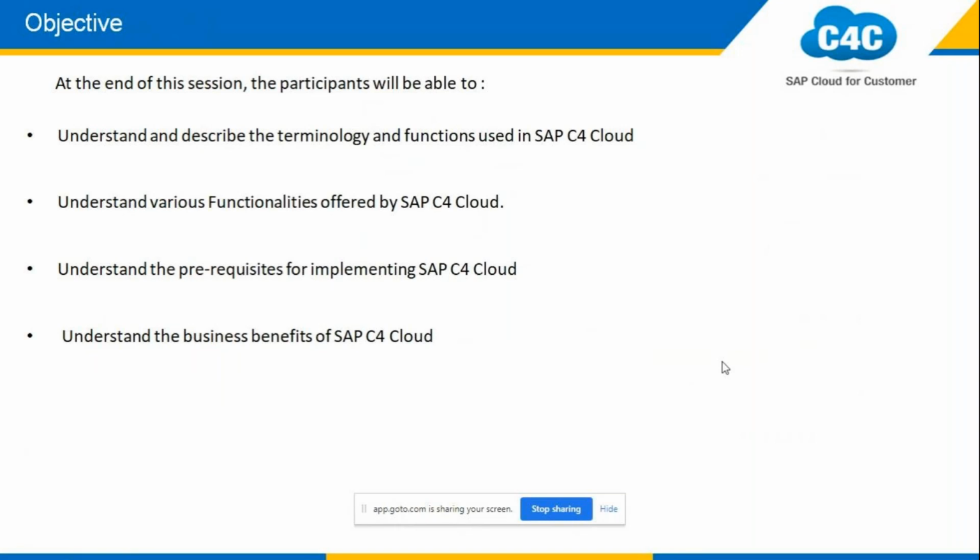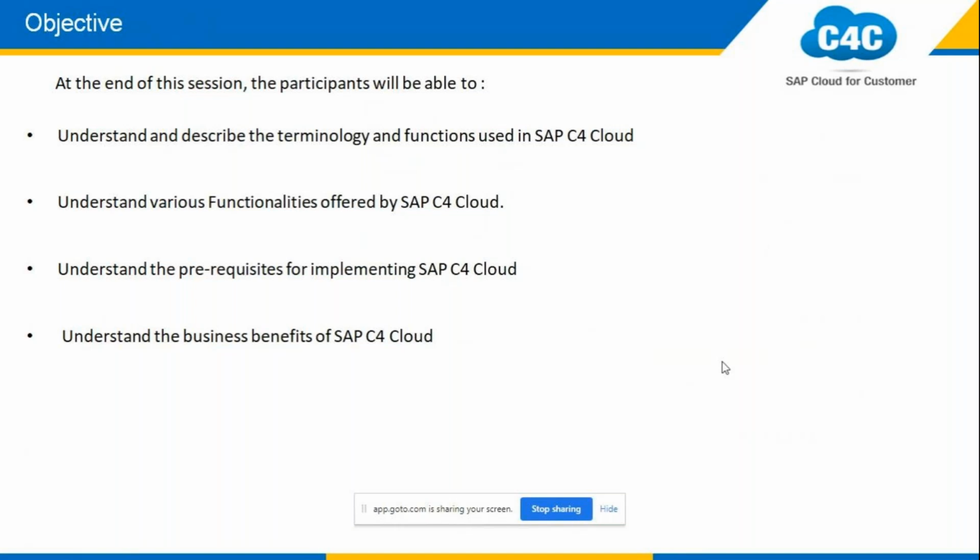The objective of the session is to make you understand the terminology and the functions of C4C Sales and Service Cloud, the various functionalities offered by it, what the prerequisites are for implementing it, and what exactly the business benefit is when a customer or client implements this Sales and Service Cloud.